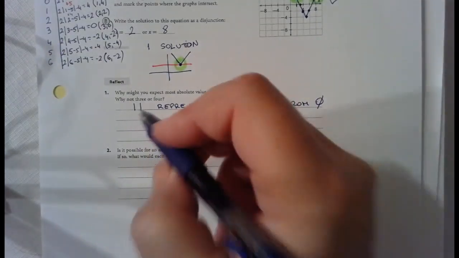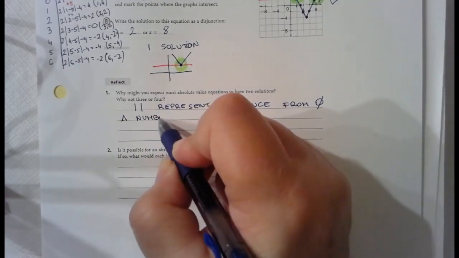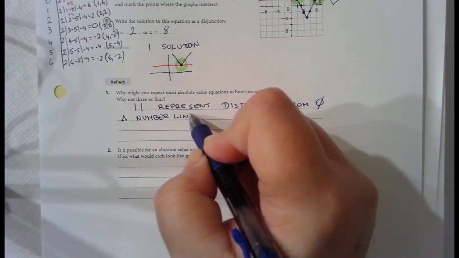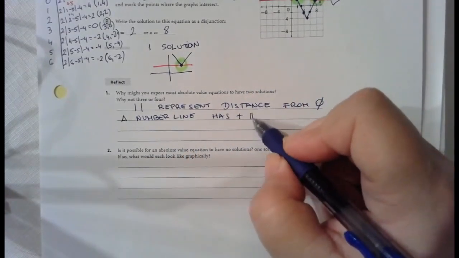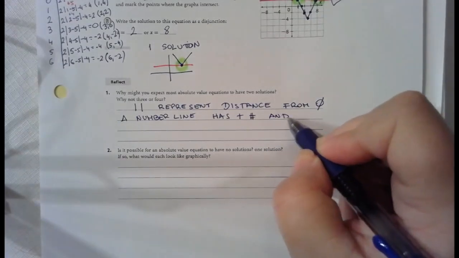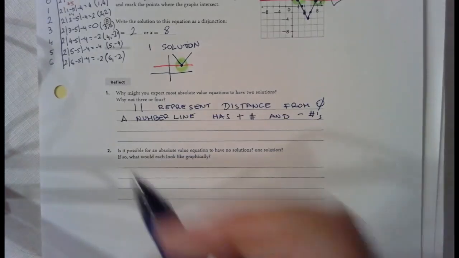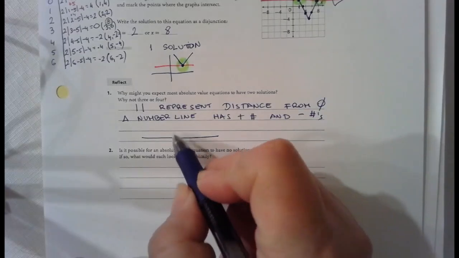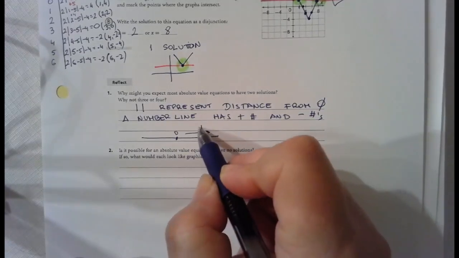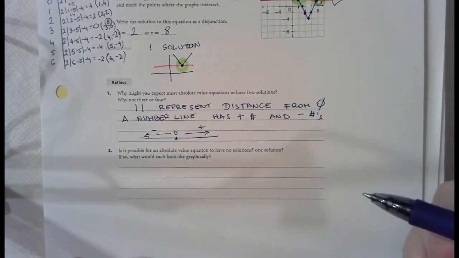And you have a number line that has positive numbers and negative numbers. So if you're looking at the x-axis, I'm looking at the numbers. This is my 0. I have numbers in the positive direction, numbers in the negative direction.